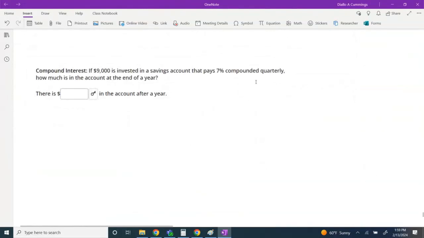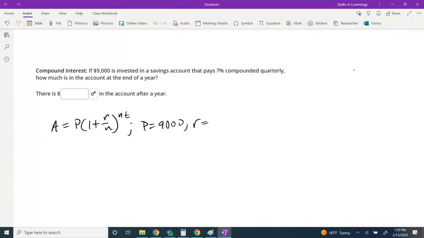All right, so we're going to do the same thing. We're going to use that compound interest formula. So that formula, once again, is A is equal to P times (1 plus R over N) raised to the N times T power. P is going to be 9,000, right, that was the amount of money invested.